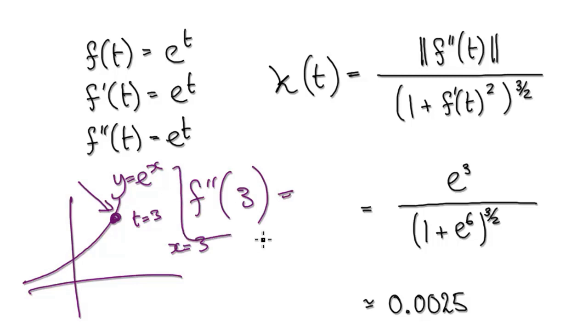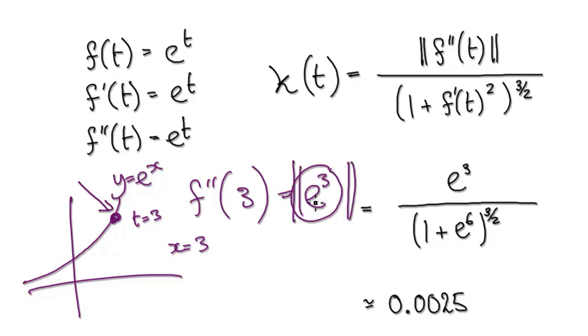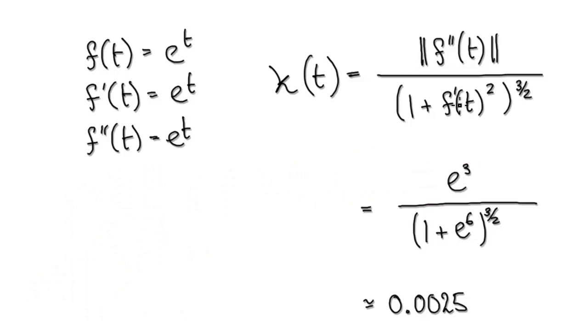So f double prime evaluated at 3 will be e to the power of 3. The magnitude of this won't be a negative number. So this thing here will be e to the power of 3, and then we need to evaluate f prime.